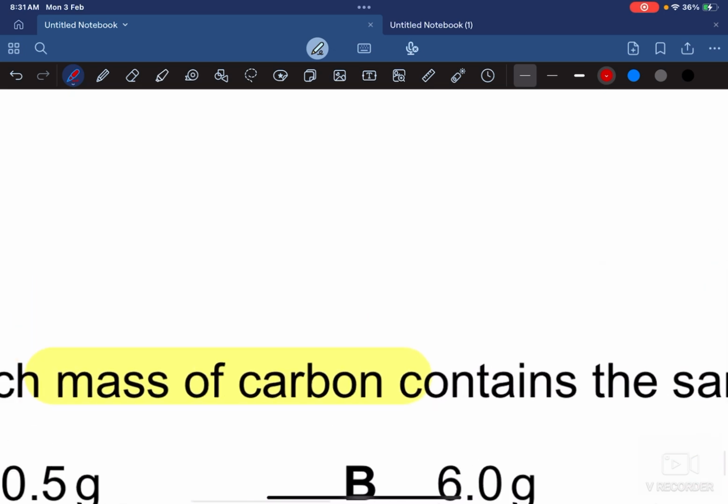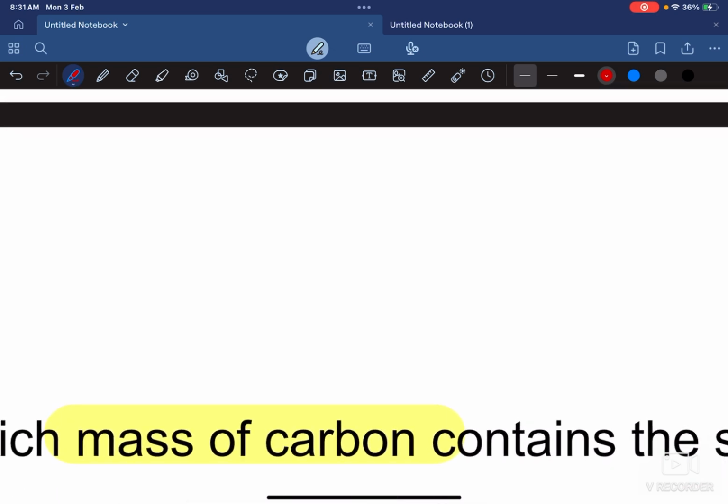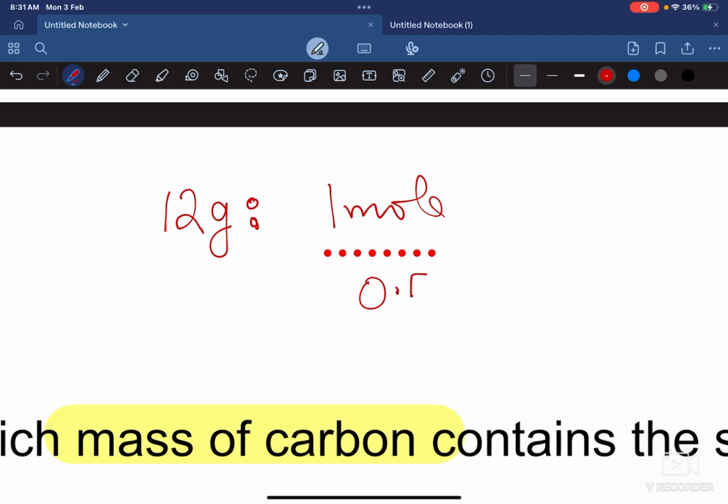Now let's look at carbon. The MR of carbon is 12, which means 1 mole of carbon has 12 grams. So what do we need? The mass in 0.5 moles. If you solve it by the ratio method, you have X mass, and X comes to 6 grams.